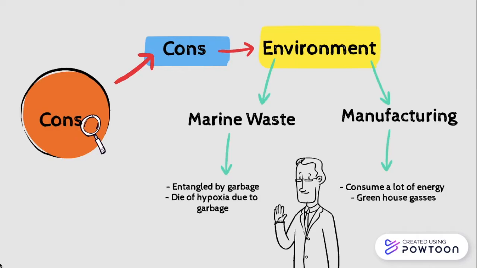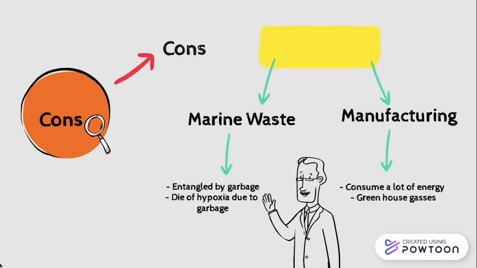In addition, it will also destroy the habitats of many animals and plants, resulting in environmental degradation and biodiversity reduction. Then, foil packages are one of the marine wastes, which will destroy the marine ecology. For example, marine organisms are entangled and they die of hypoxia due to garbage.